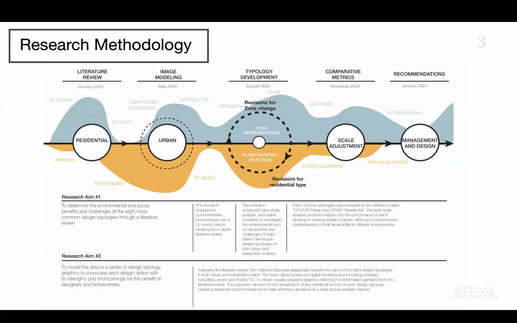And finally, we created a digital model using advanced software like Lumion and the Adobe Creative Cloud to visualize each typology's performance characteristics. This dual scale analysis was crucial for understanding how these landscapes perform in different spatial contexts.